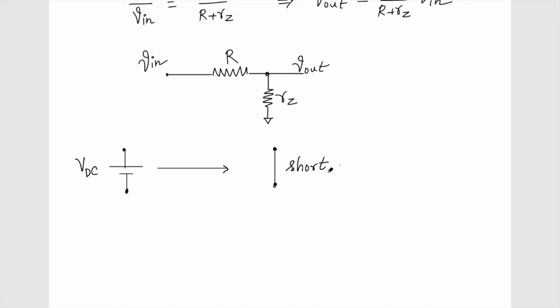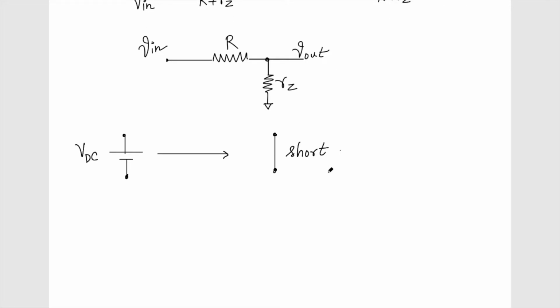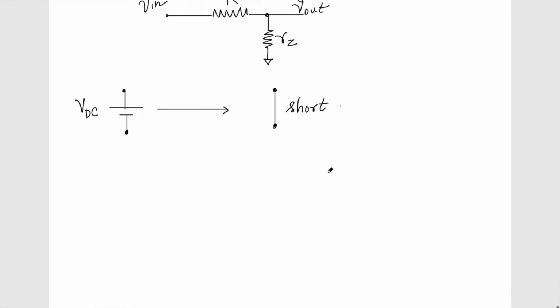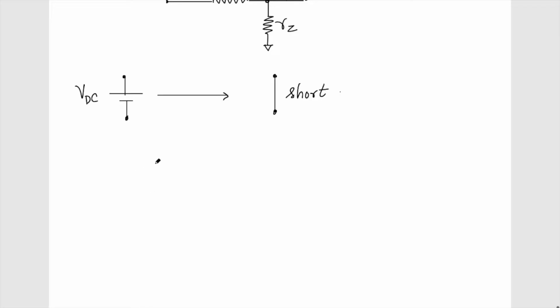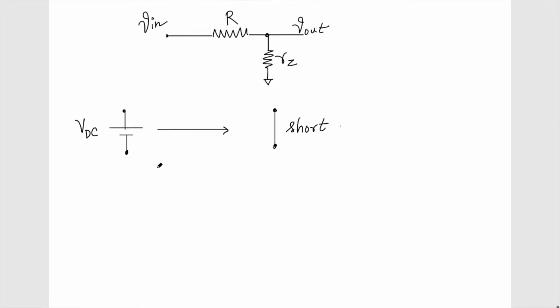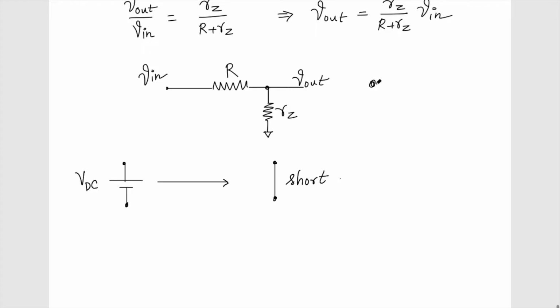So now one may ask, what if there is a DC current source? What will happen to that? We also can do a similar analysis. I will leave this for you. What you can do is add a current source here along with the voltage source.